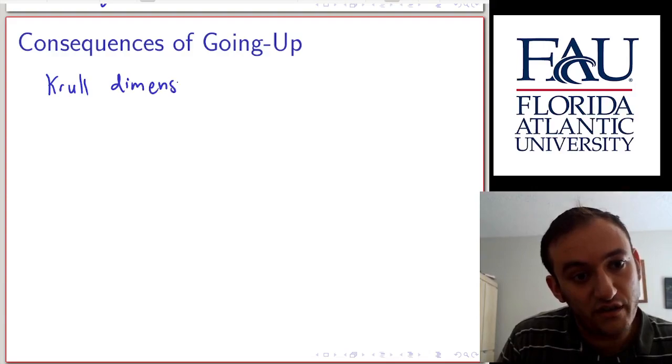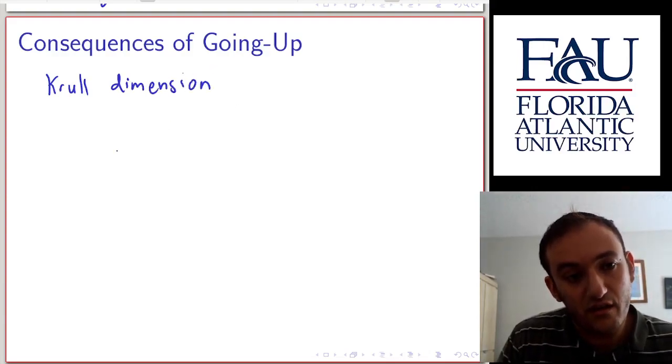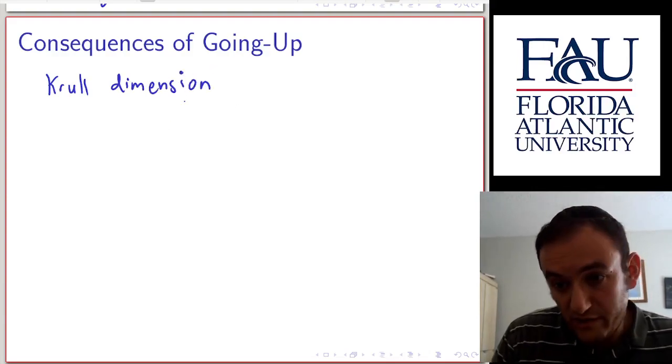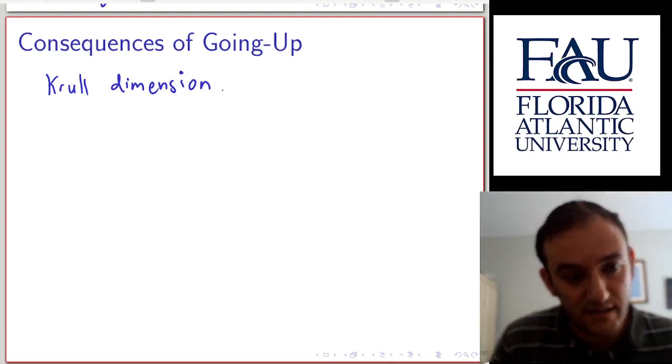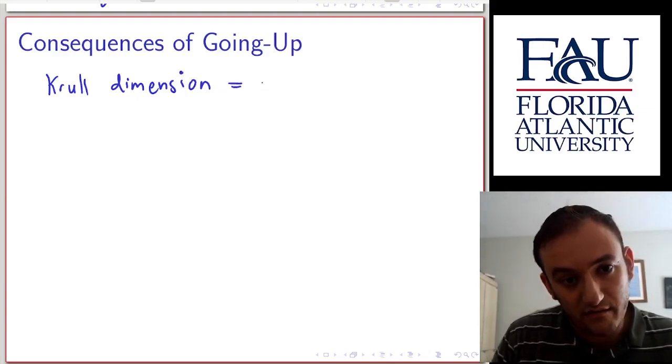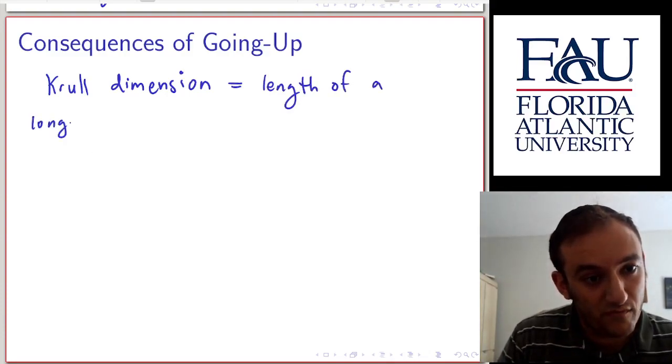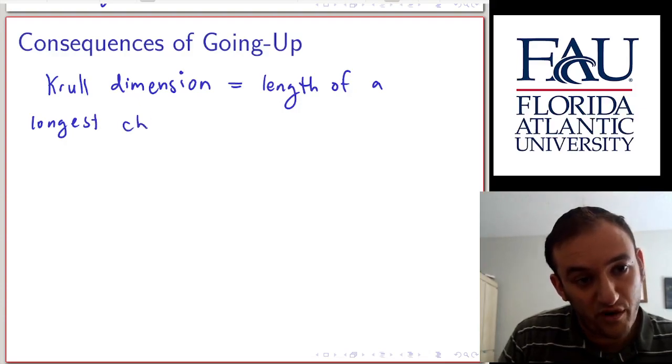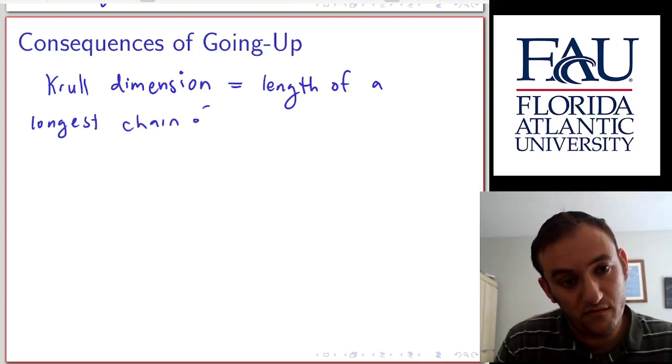This is an alternative definition of dimension in the geometric sense, and this is the length of a longest chain of, let's say, distinct prime ideals in a ring.